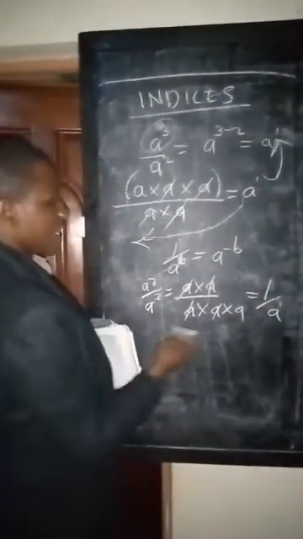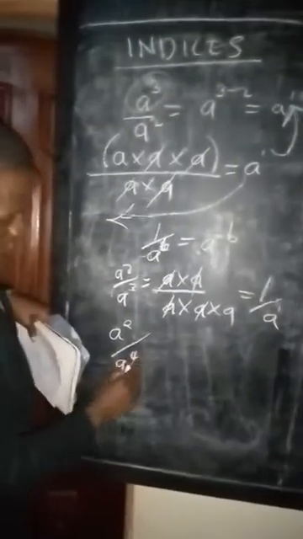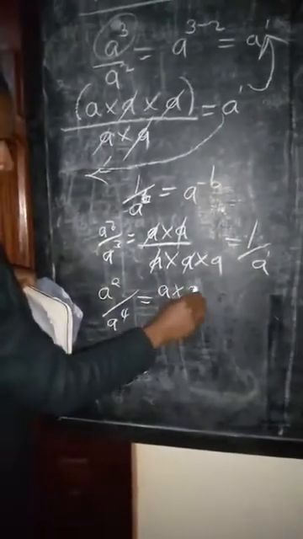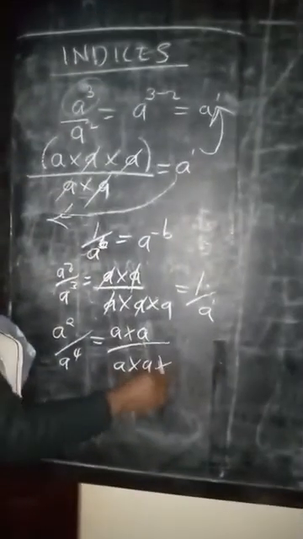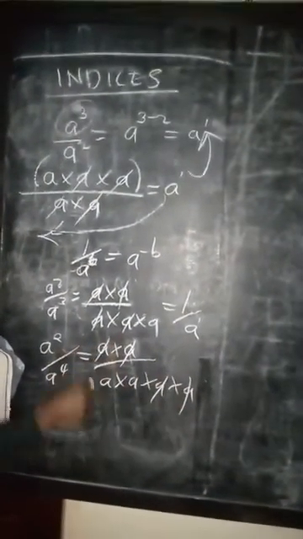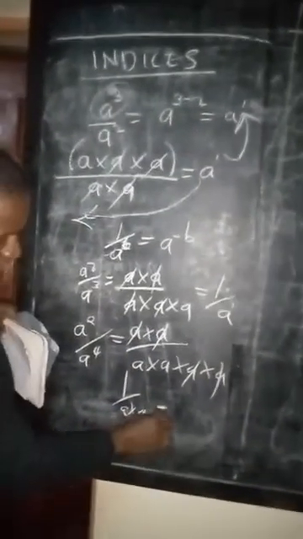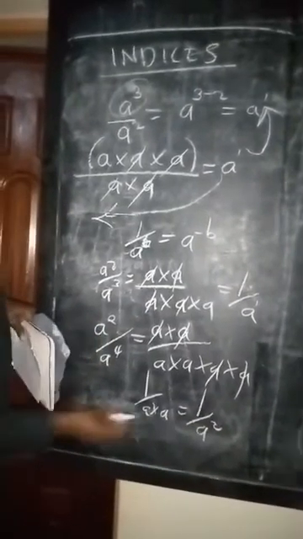We can have another number, a power 2 divided by a power 4. This gives us a multiplied by a, divided by a multiplied by a multiplied by a multiplied by a, and this gives us 1 over a multiplied by a, which is the same as 1 over a power 2.